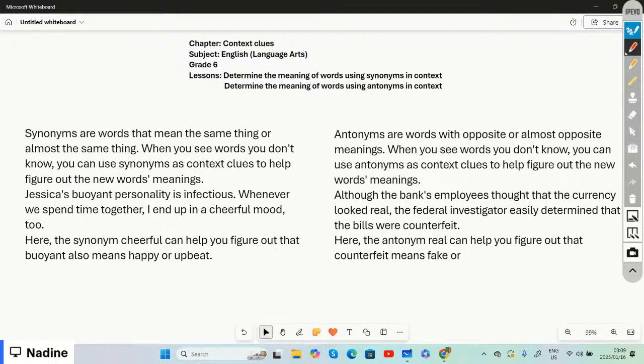So synonyms are words that mean the same thing or almost the same thing, right? And when you see words that you don't know, you can use synonyms as context clues to help you to figure out a new word or the meaning of the new words.